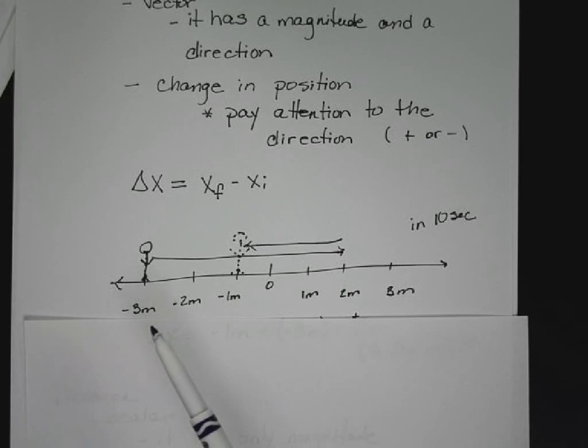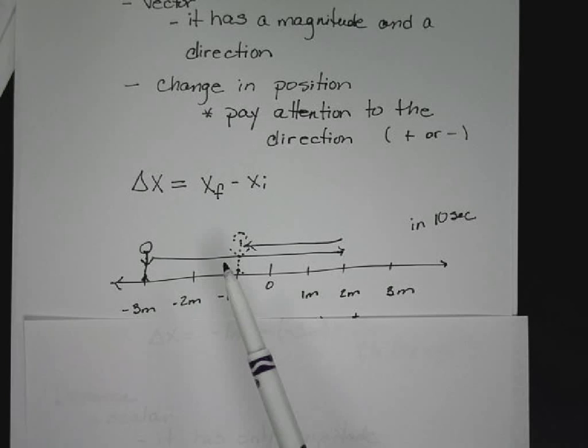We have that option. So he starts here at the -3 position, and he moves to the right to the +2 meter position. Then he turns around and moves back to the left and ends up at -1.